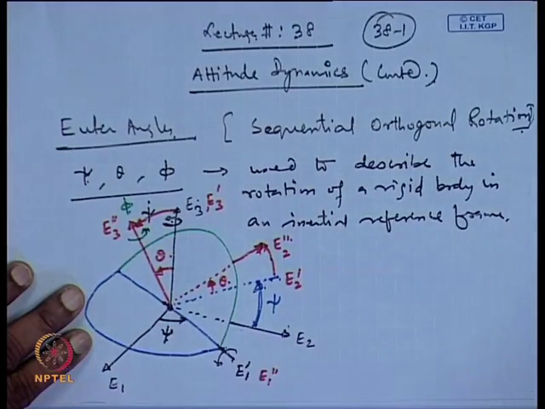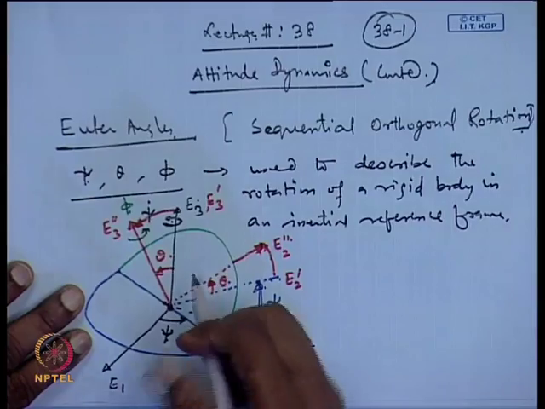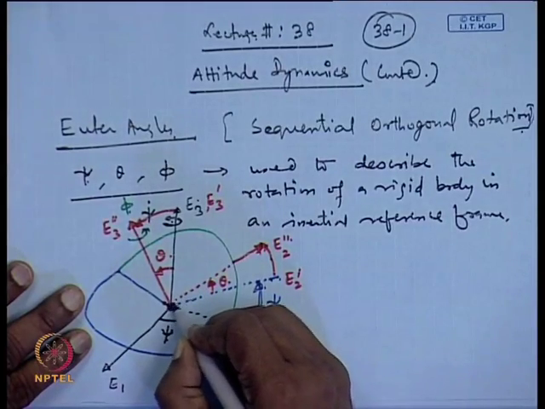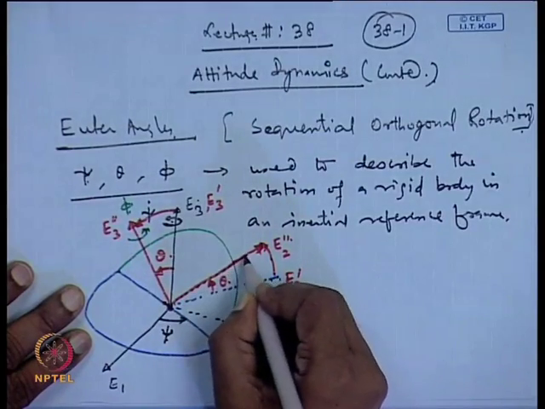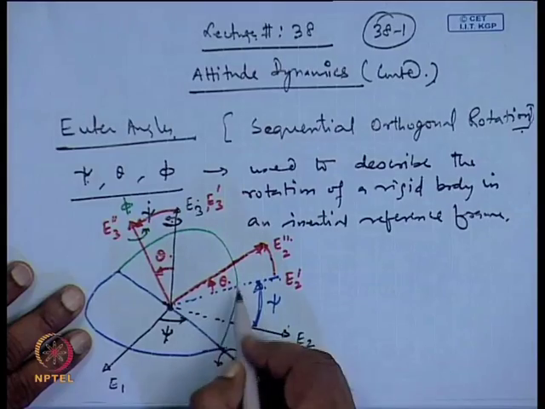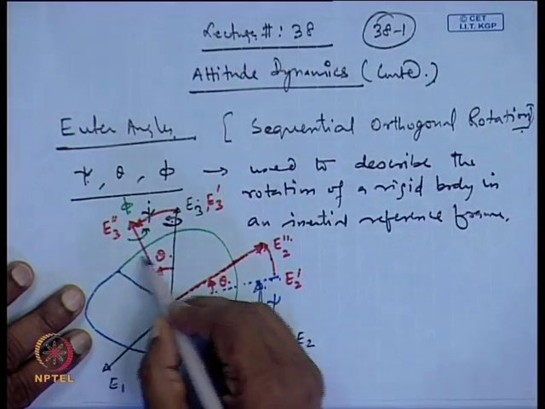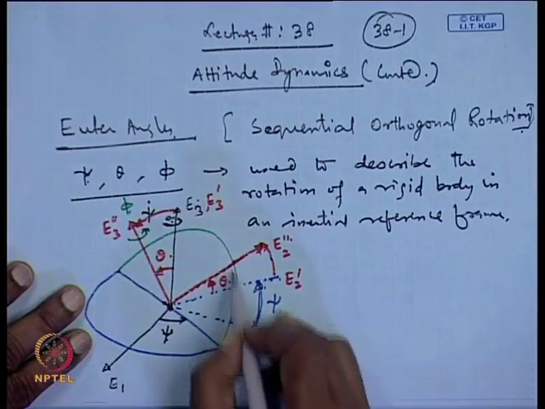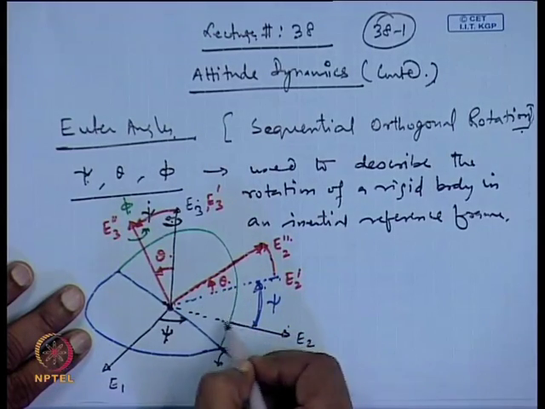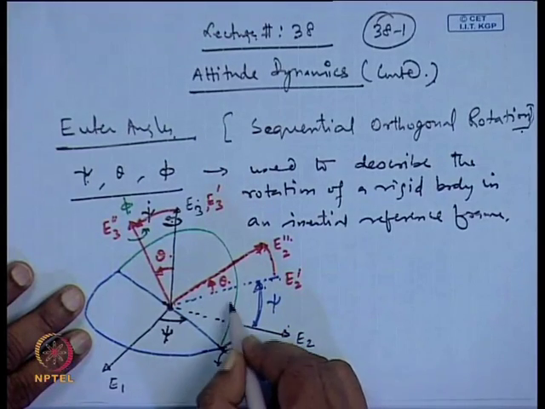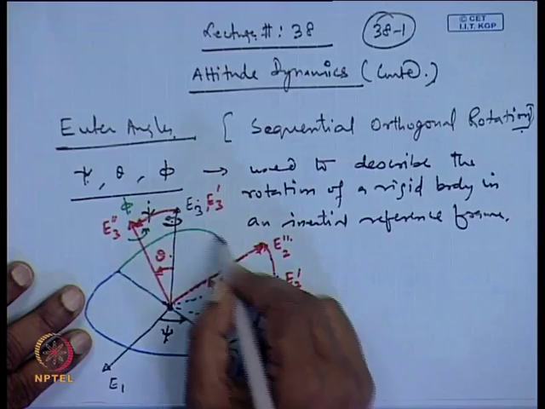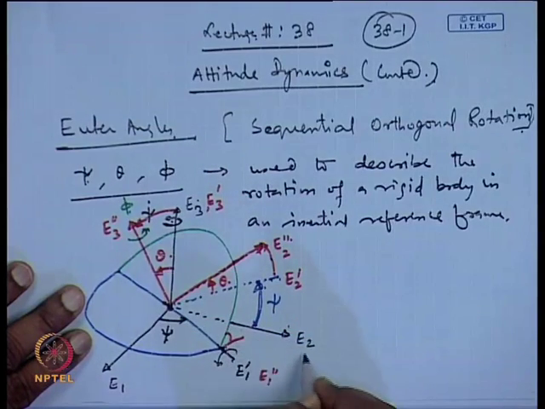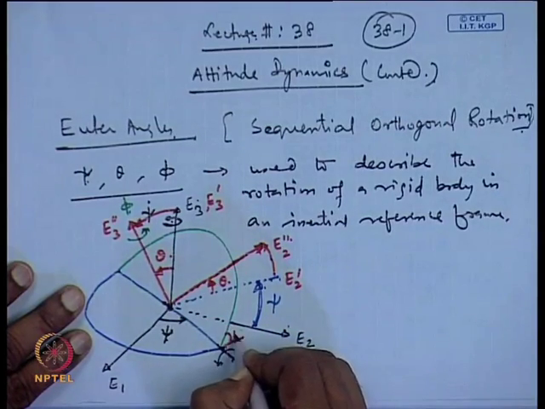Okay, now I will make this line solid to represent that this is lying in the plane constituted by this blue line and this green line. Basically the inclination of this plane, which is shown by the green line, with the E1 E2 plane, is nothing but theta.